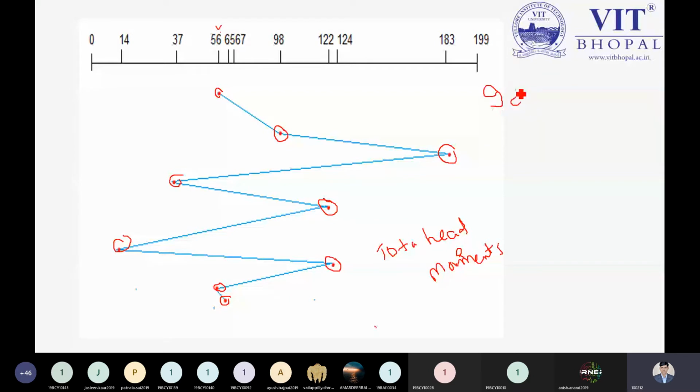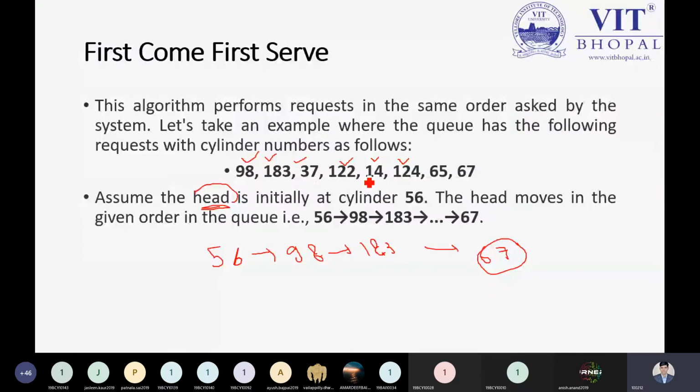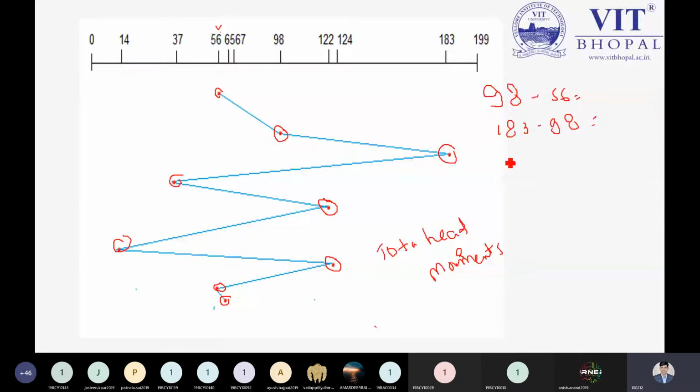So 98 minus 56. Then you are coming to 183, so 183 minus 98. And then what was the next? 37. So then you are coming from 183 to 37. We can't take a negative value, so we need to pick only the positive value.